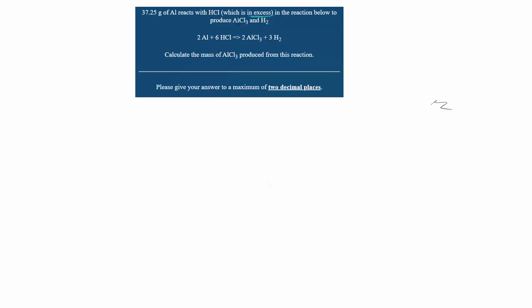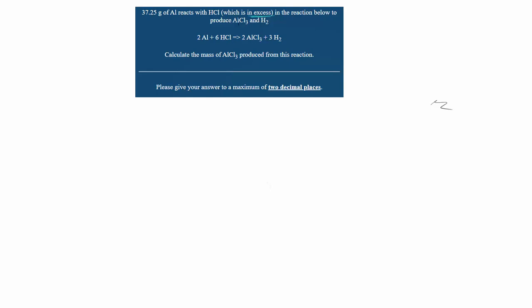So if it's limited by Al, then using stoichiometry, we can work out the mass of AlCl₃ produced, starting from the mass of Al which reacted.